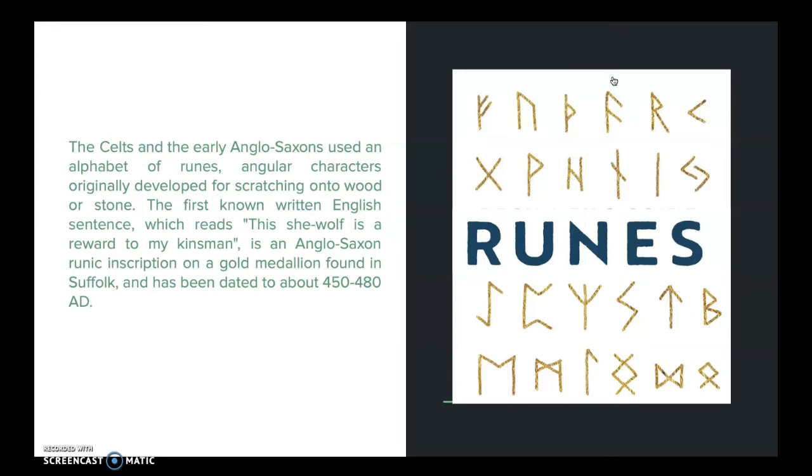The first known written English sentence was found in Suffolk, and it dates from 450 to 480 A.D. This sentence reads, "This she-wolf is a reward to my skinmen." This is the type of alphabet that the Norse and Old English people in this period used to communicate, and this is the first dated alphabet that exists for the English language.